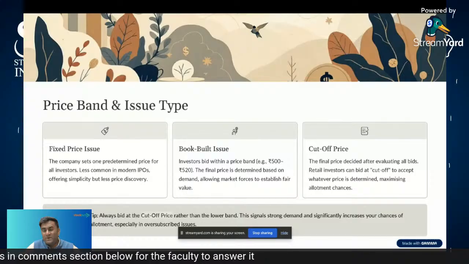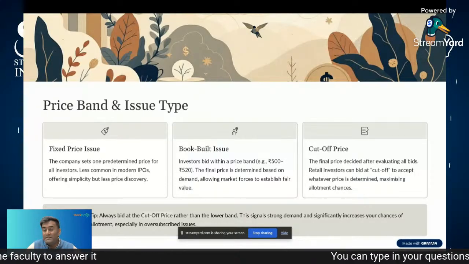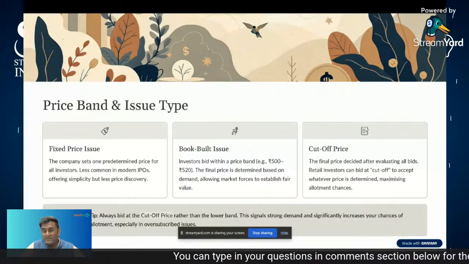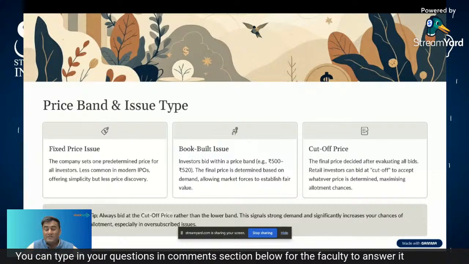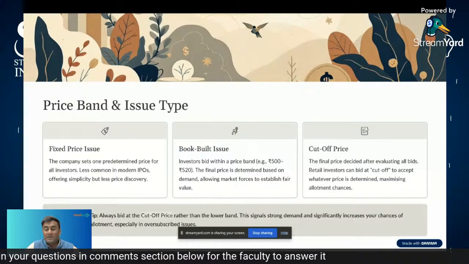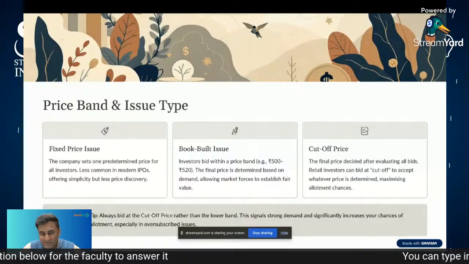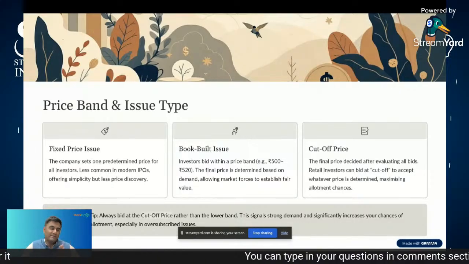Now cutoff price, the final price decided after evaluating all bids, is known as the cutoff price. Retail investors can bid at cutoff price to accept whatever price is determined, maximizing allotment chances. So here's a tip for you, friends.